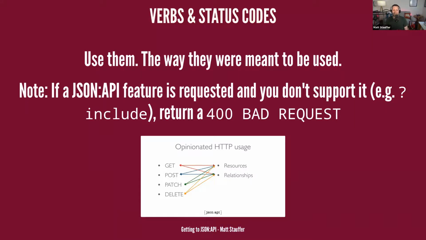And as you can see in this graph, which I also stole from Dan Gebhardt, you can do all sorts of different HTTP calls to all sorts of different things, not just the resources themselves, but the relationships. Now, I'm not going to suggest, because I think it would be one of the most overwhelming things, that we all start using relationship modification endpoints. But if that piques your interest, there's a lot of really interesting ideas around the conventions of allowing you to modify relationships, for example, deleting an attachment or adding an attachment or changing an attachment through specific HTTP requests.